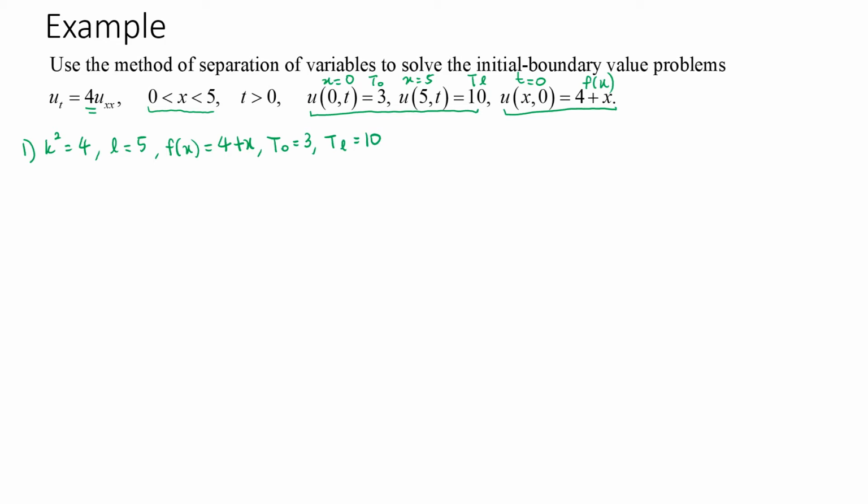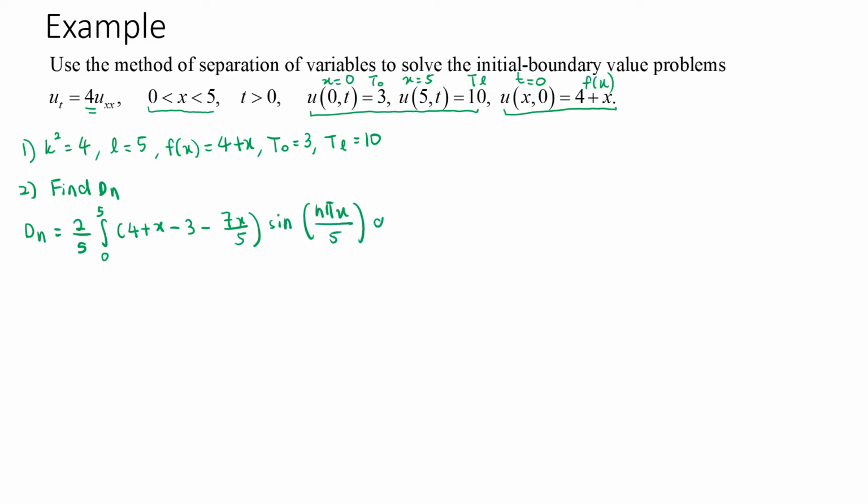So now we can find the Fourier sine coefficient dn, where dn equals 2 over L times the integration from 0 up to L of f(x), which is 4 plus x minus T naught minus (TL minus T naught), which is 7x over 5, times sine n pi x over L. So simplifying this equation, we will get 1 minus 2 over 5 x, sine n pi x.